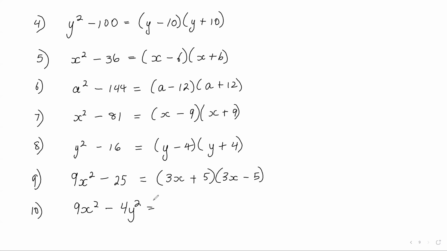It's just to recognize that those are square terms. So 3x times 3x will give me 9x squared, and 2y times 2y will give me 4y squared. So the brackets should have 3x plus 2y by 3x minus 2y. So that's the key in being able to identify a difference of squares.